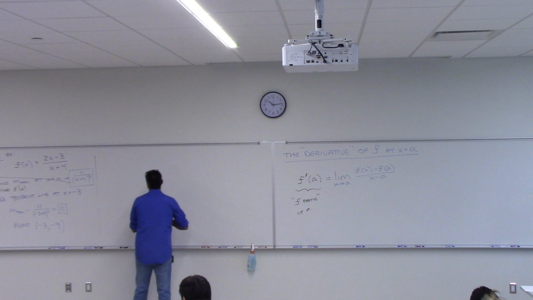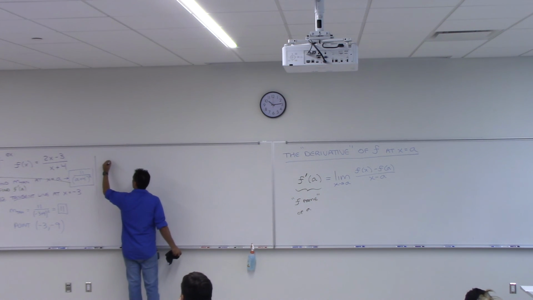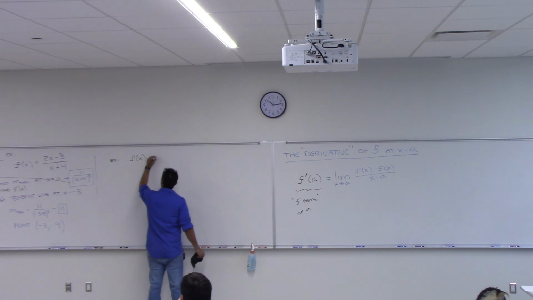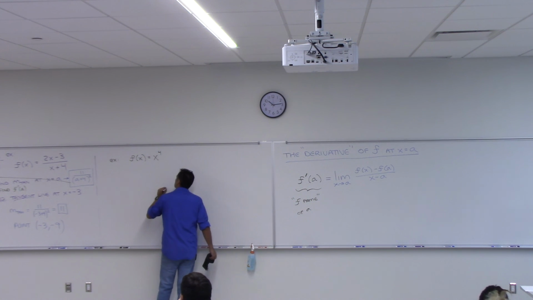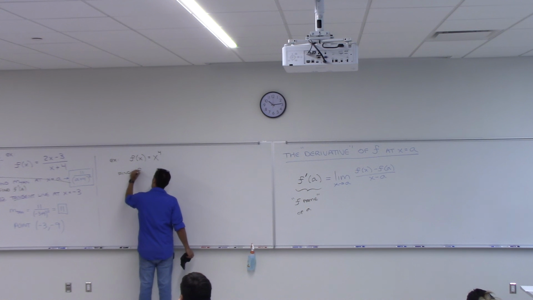All right, I want to do this one. I'm going to give you the function f of x equals x to the 4th. And let's find this.